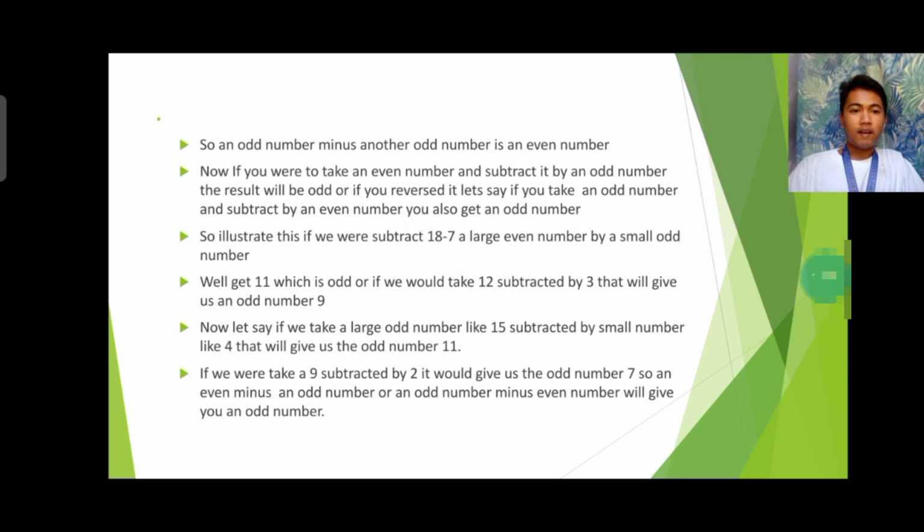If we take 9 minus 2, it will give us an odd number, 7. So, an even number minus an odd number or an odd number minus an even number will give you an odd number. So, this is all about the general form of odd and even numbers.